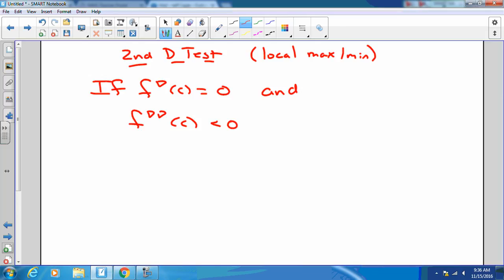Let's draw the case where f double prime of c is less than 0. In that case, I'm looking at a curve that is concave down. And when I draw my horizontal tangent, I see that the only way for this to be the case is for f of c to be a local max.